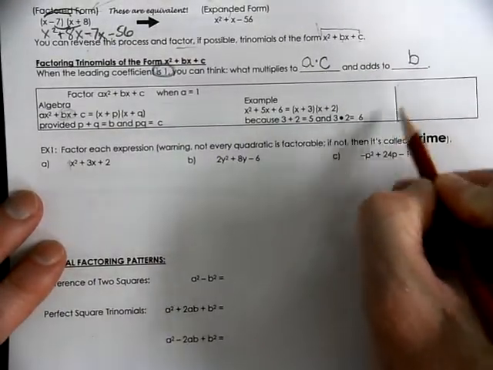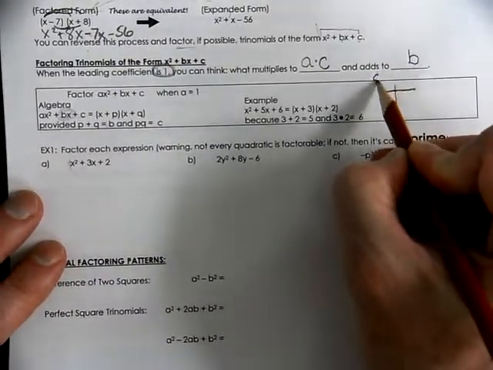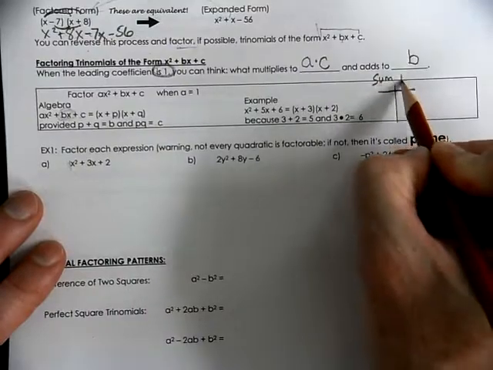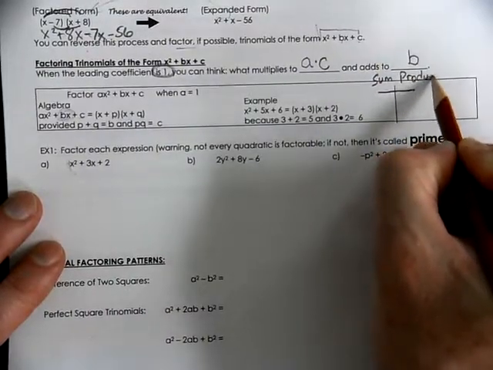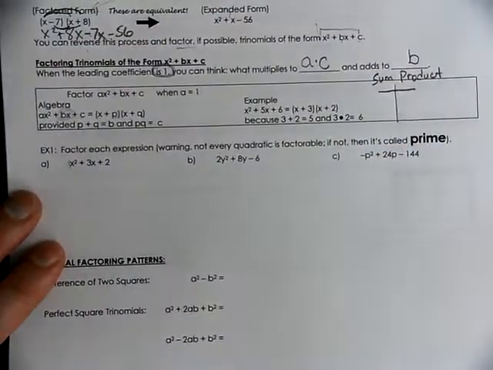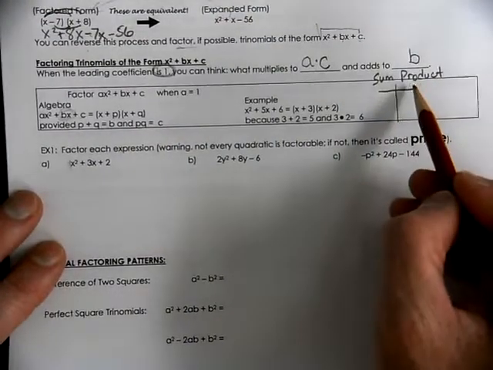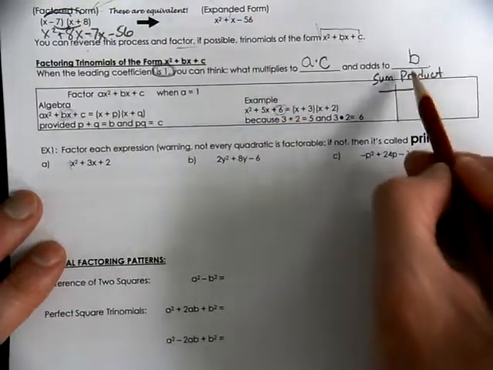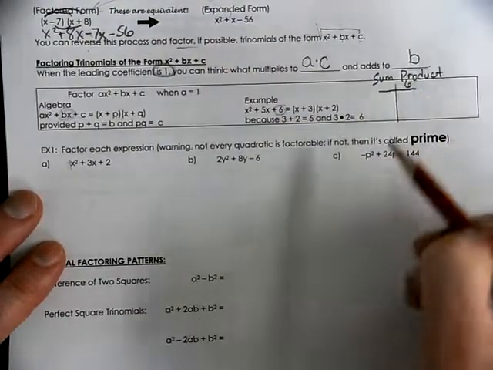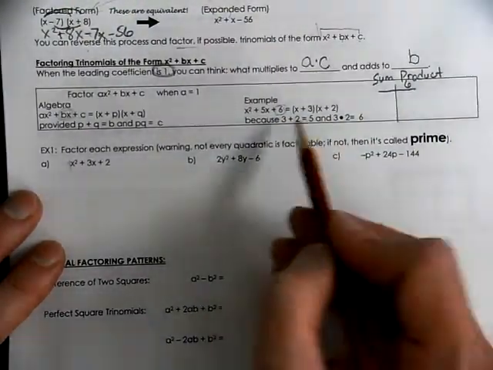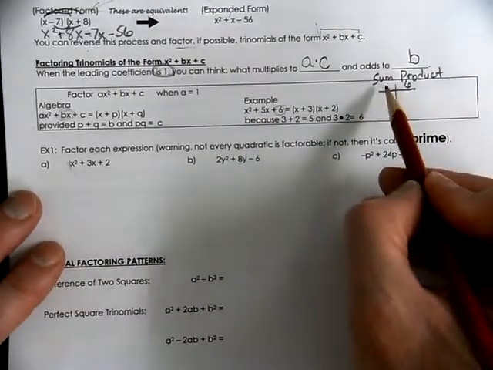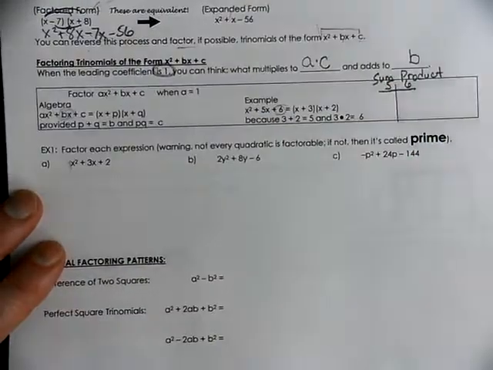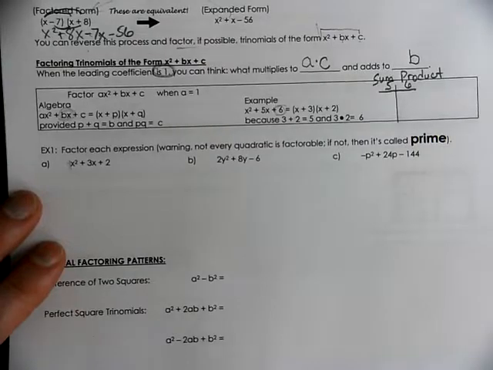What I would suggest to you is to use a sum and product table. And you put your product, what multiplies, that's this term here, c, what multiplies to be 6 and adds to be your b term, which is 5, put that into your table.